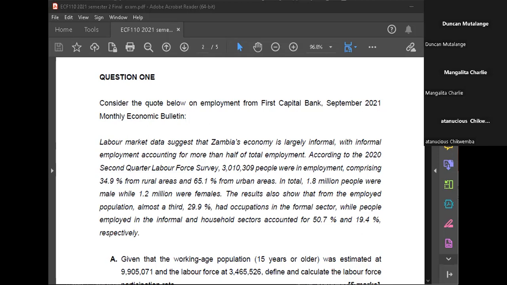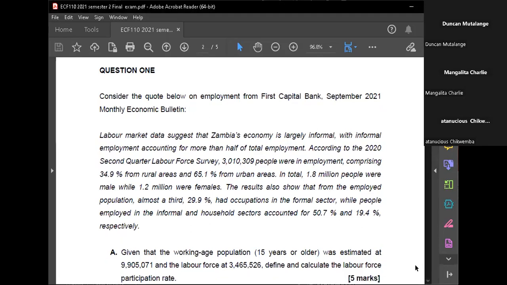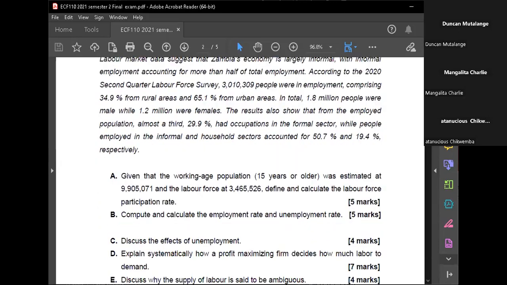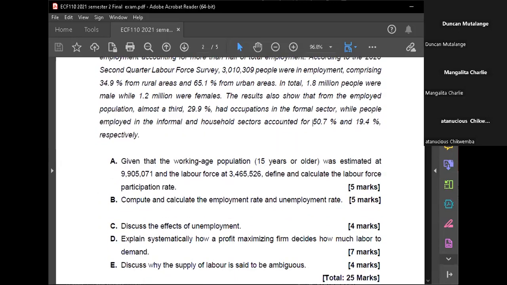Out of that data, the one which is important here is this one, isn't it? Whether they're women or females, employed in the informal sector or whatever sector, those are not important. So given the working age population, 15 years and older, was estimated at, that should be 9 million, right? Whatever number is there, and the labor force at that amount.